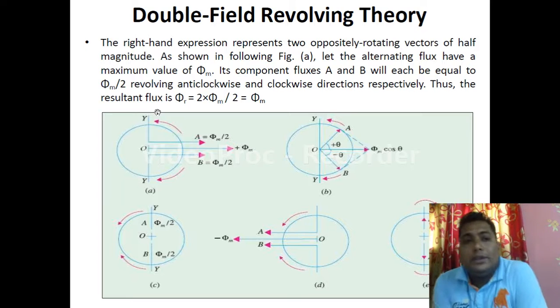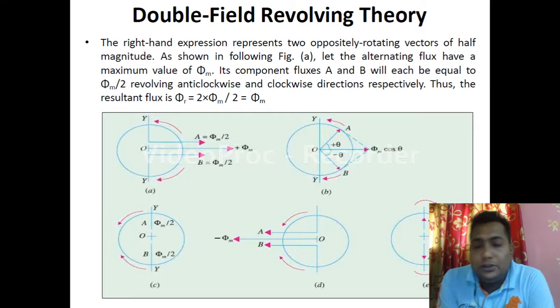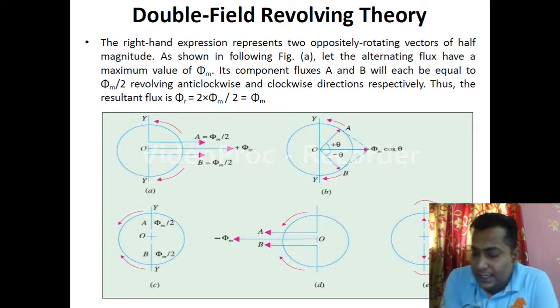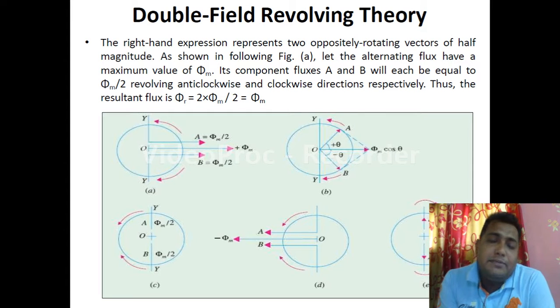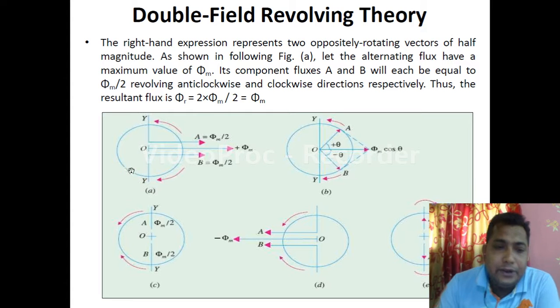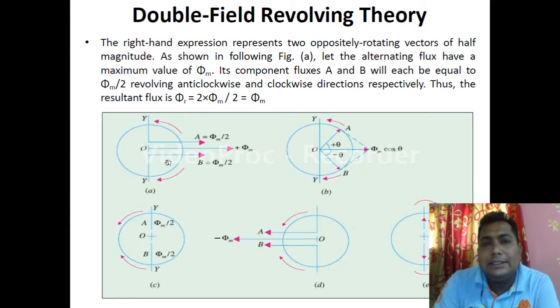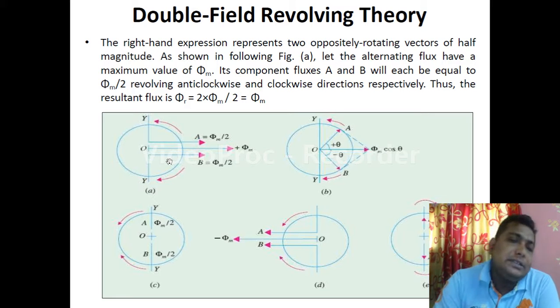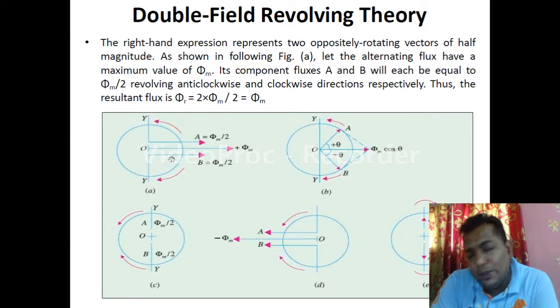Now the right hand expression is a very interesting and wonderful representation of how the double revolving field theory works. So for simplicity, follow my pointer very carefully. We are considering that the total flux is phi, and now that flux is divided into two sections, one phi by 2 and another phi by 2.